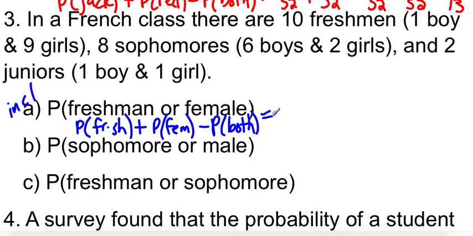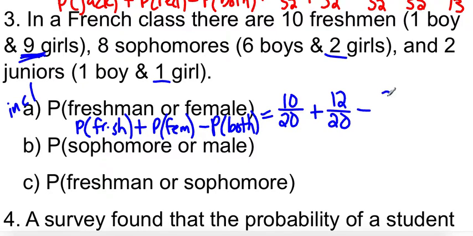Okay, so the probability of freshmen, let's see, there's 20 people in this class. 10 freshmen out of 20 plus females. Let's see, we've got 9, 10, 11, 12 females. And then we have to subtract the overlap that are both freshmen and female. There's 9 of those.